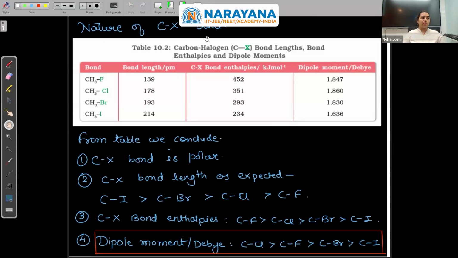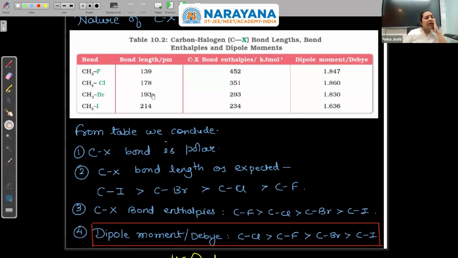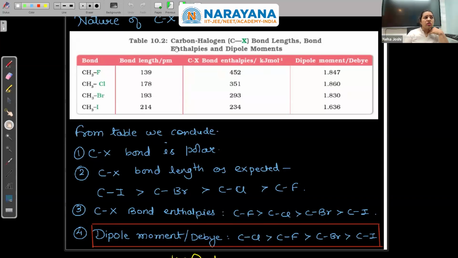Nature of the carbon-halogen bond. This can be asked any time because this NCERT table is part of our syllabus. See the bond length for fluorine, chlorine, bromine, iodine. Bond length is continuously increasing, as expected: iodine, then bromine, then chlorine, then fluorine.